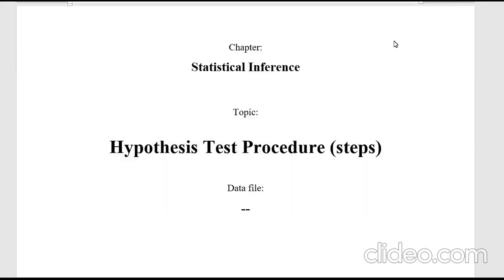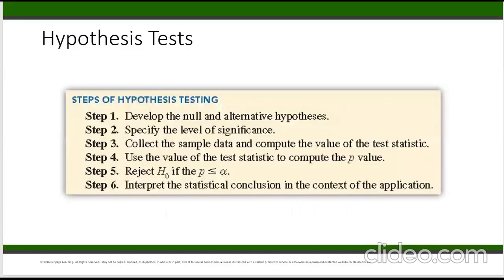In this video, I'd like to talk about the steps of hypothesis testing, the procedure of hypothesis testing. First of all, it's very important to understand the difference between hypothesis testing and interval estimation of population parameters.